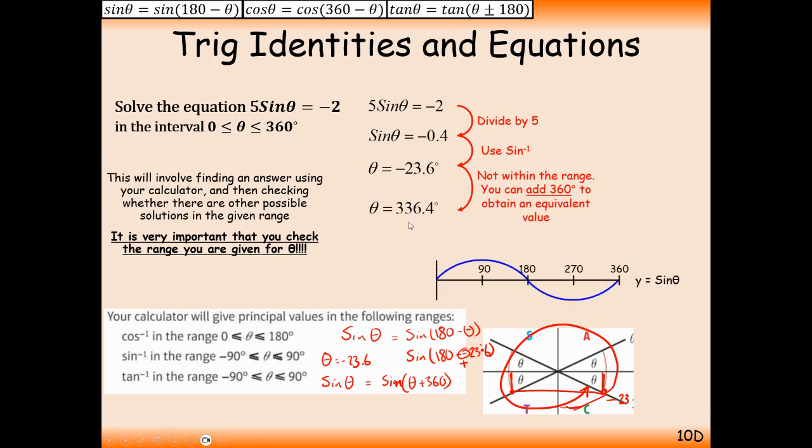So its equivalent, adding 360, is 336, and also 203 degrees. The 203 degrees comes from this identity here, and the other answer comes from this identity here.